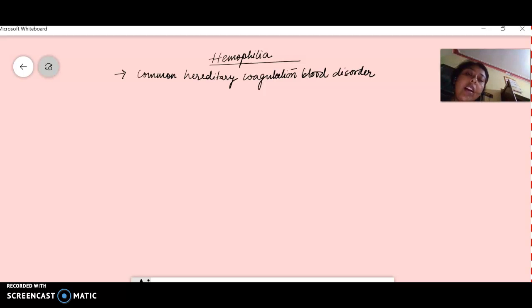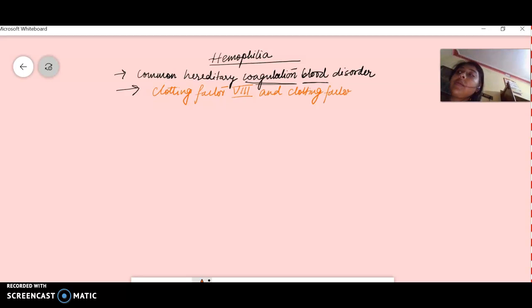So basically there is a problem in coagulation of the blood, and that is because of the deficiency of two important clotting factors, clotting factor 8 and clotting factor 9.